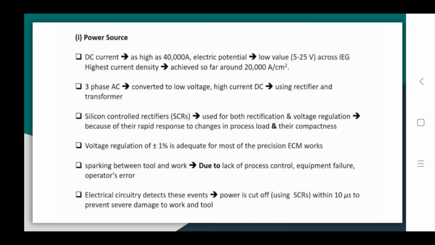The highest current density achieved so far is 20,000 ampere per centimeter square.